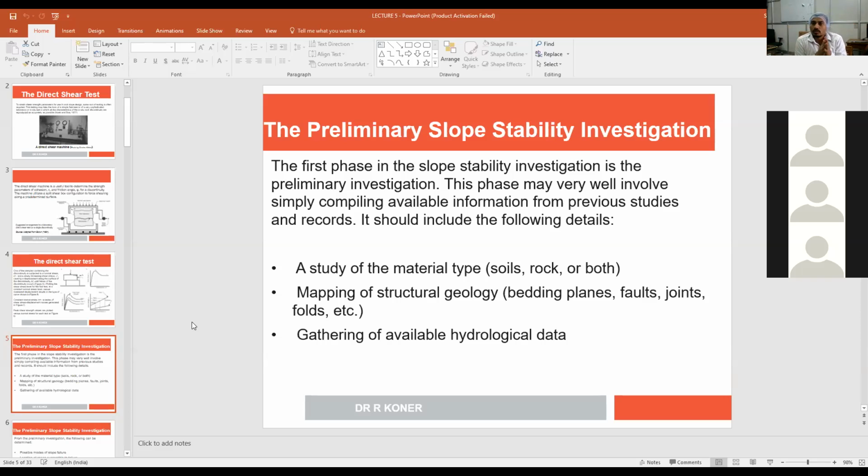We will try to understand what rock type we are working on, whether this is purely rock or there is an admixture of rock and soil. Particularly when we deal with the overburden part in the mine, in the overburden we will often see a mixture of soil and rock, and up to 10 meter, 15 meter, often we observe there is a layer of soil.